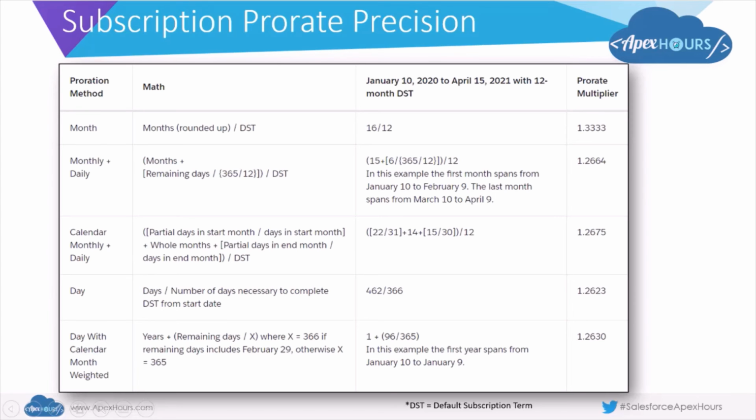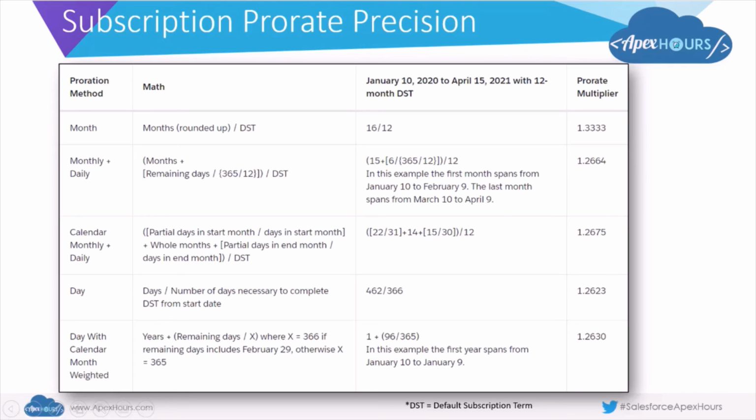Here it is dividing by 365 because the second part, which is after the full year, from Jan 10th 2021 to April 15th 2021, is not a leap year, so it takes 365. This makes the actual prorate multiplier slightly different from the one which was calculated at a day level.